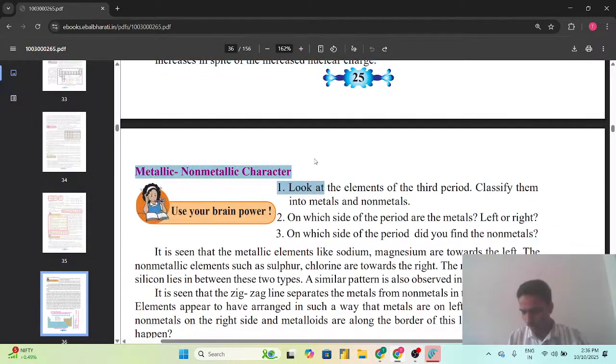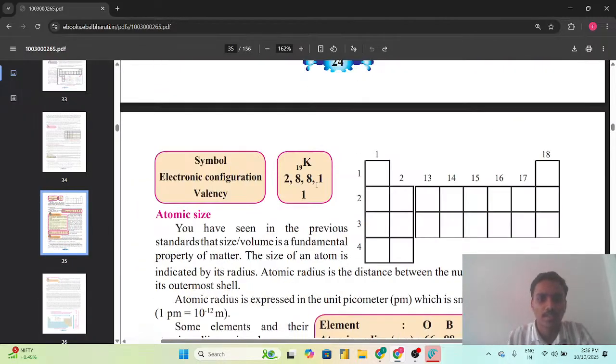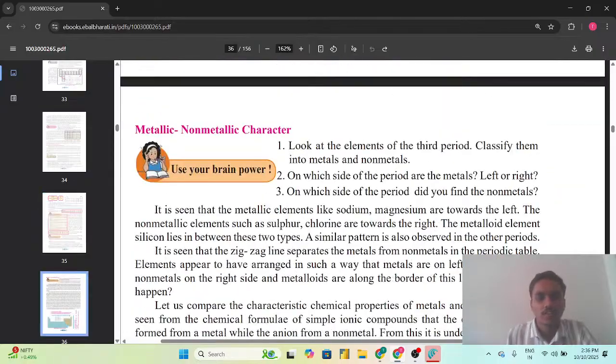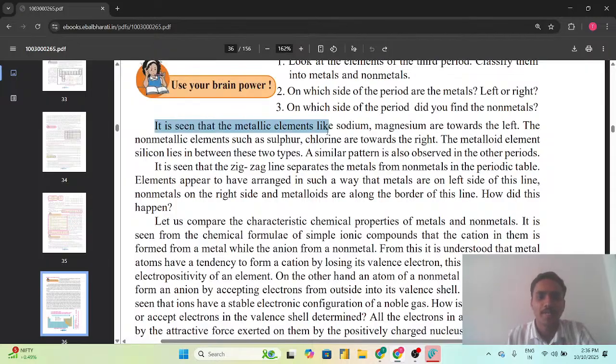So metallic and non-metallic character is the next trend of the periodic table which we are going to see. Look at the elements of the third period, classify them into metals and non-metals. On which side of the period are the metals, left or right? On which side did you find the non-metals? It is seen that metallic elements like sodium and magnesium are towards the left.